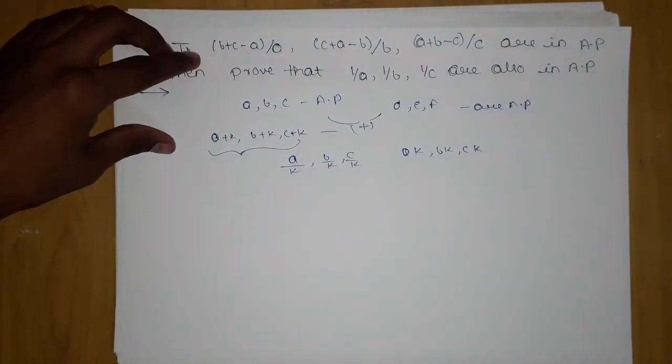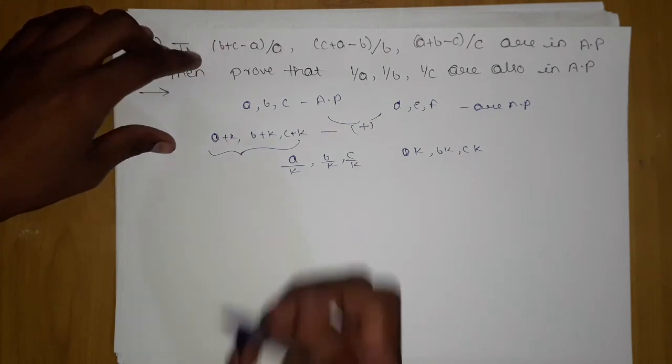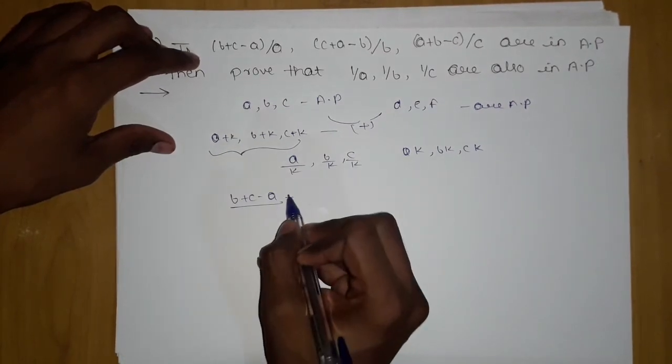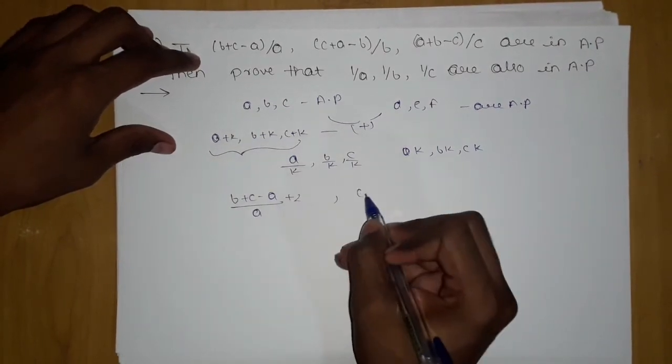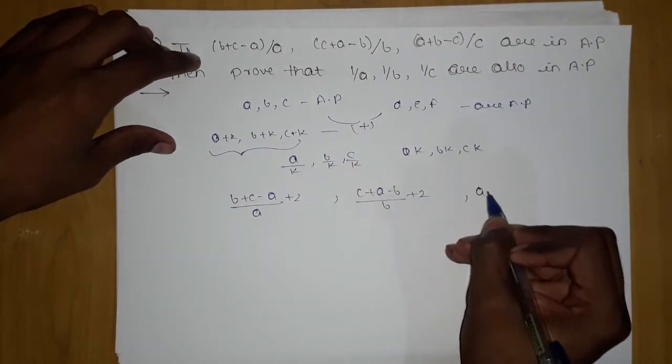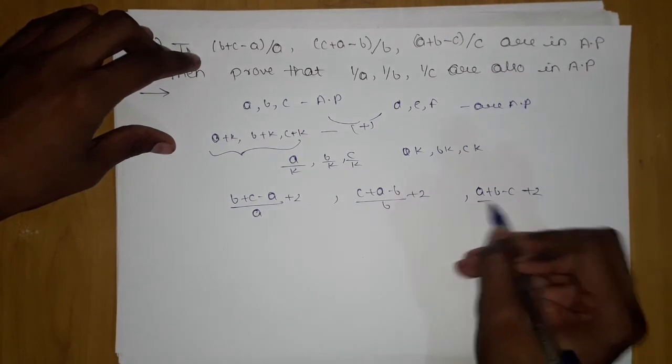So what we can think is, if I add 2 to all the terms, since I am adding a constant, it will still be in AP: (b plus c minus a) plus a upon a, up to (a plus b minus c) plus c upon c.